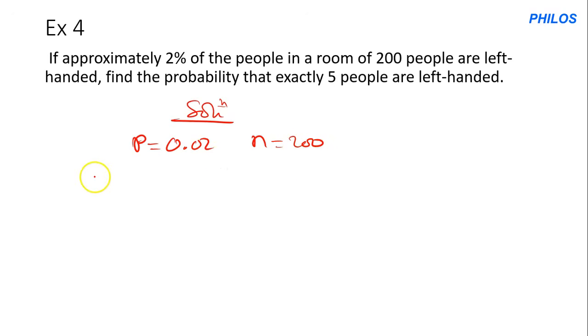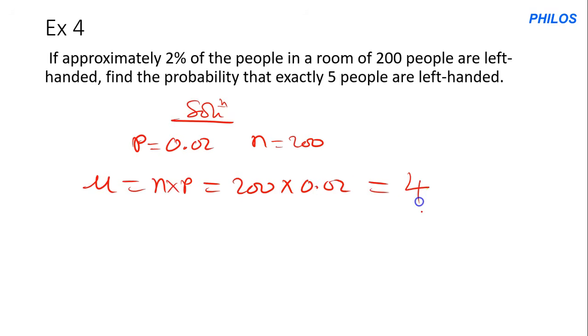So to use the Poisson, first we find the mean. Mean is equal to N times P. So that is 200 times 0.02, which will give us 4. So the mean is 4. So the probability that exactly 5 are left-handed should be X is equal to 5.